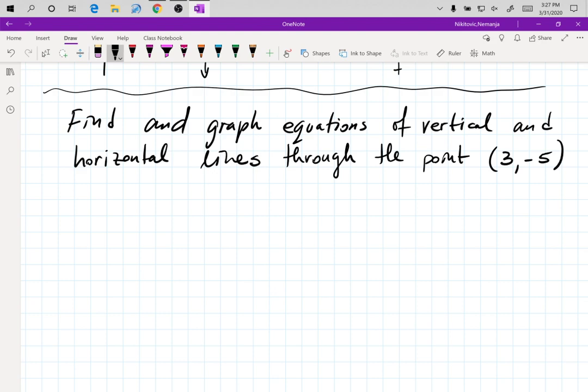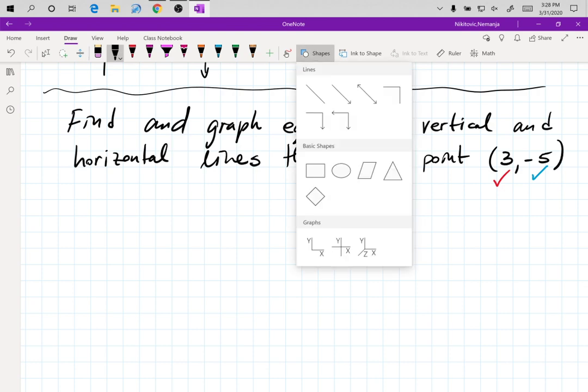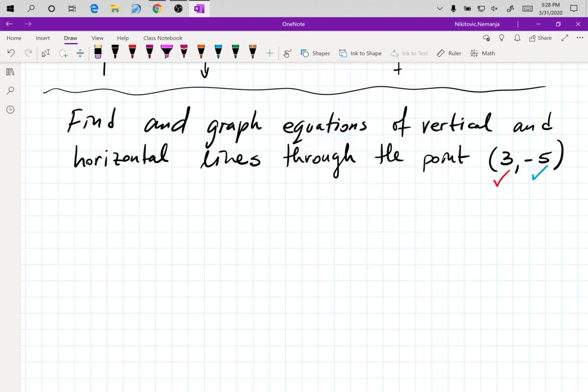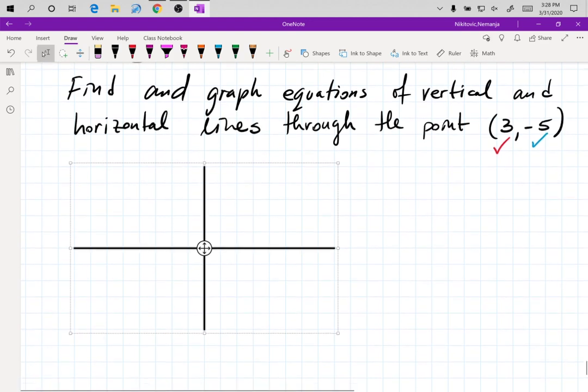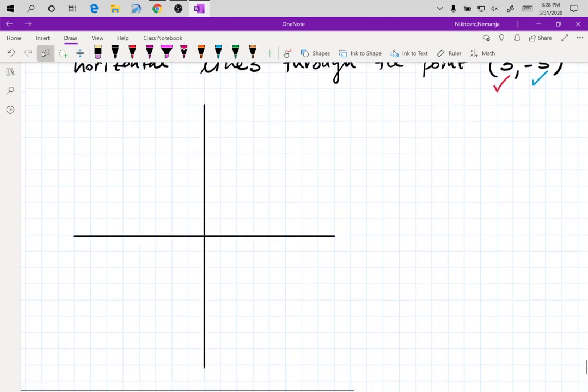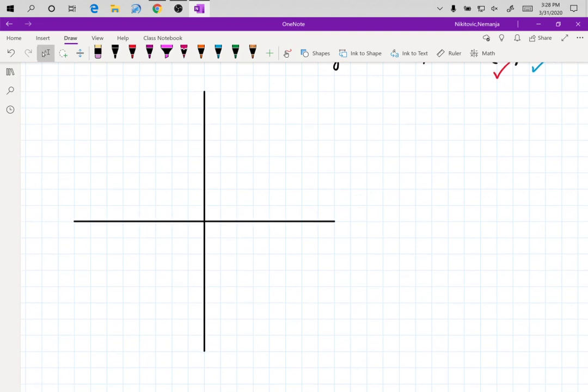You know that x is 3 and y is -5, and you know that when you separate them they become equations for the lines. So you literally just draw, let's use red for this one and blue for this one. So all I need to do is to separate them and draw each one. I need more space.